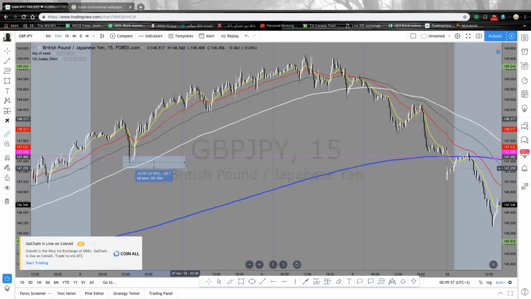So for that time, 25 pip stop loss would be enough. The goal of the stop is not losing more than what you want, but at the same time, I'm a little more dynamic with my stop loss, because at the same time I don't want my stop loss to stop me from making profit.